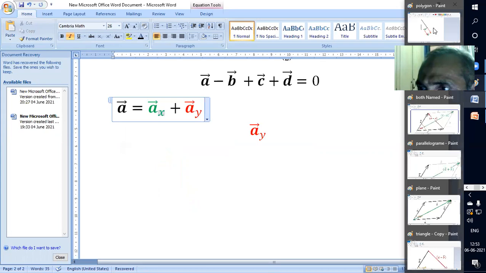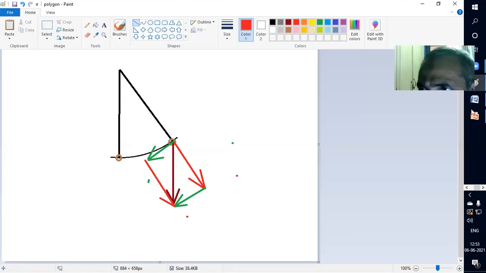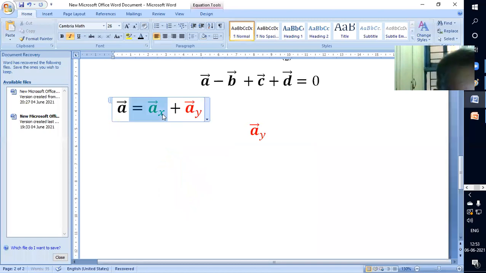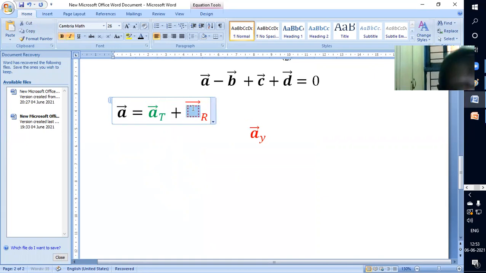This is the tangential vector. And this is the radial vector. This is force.